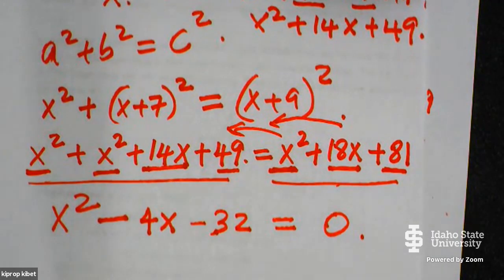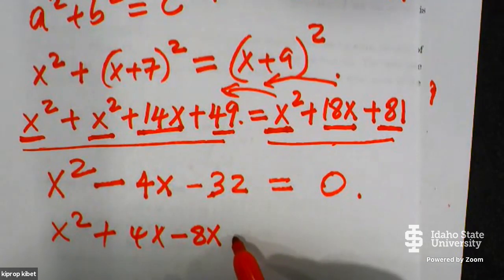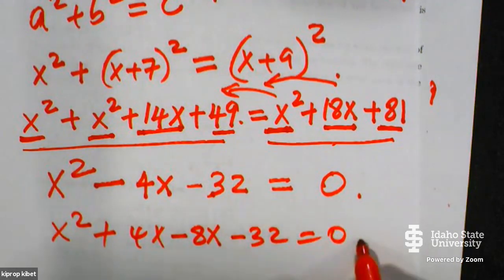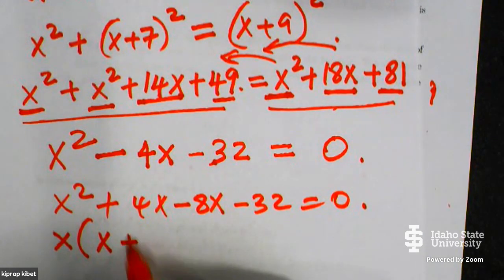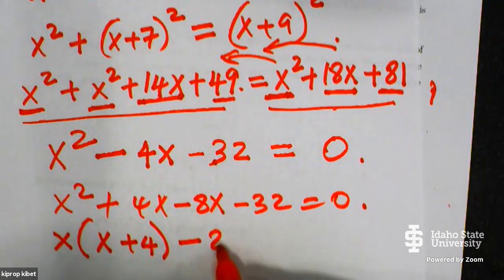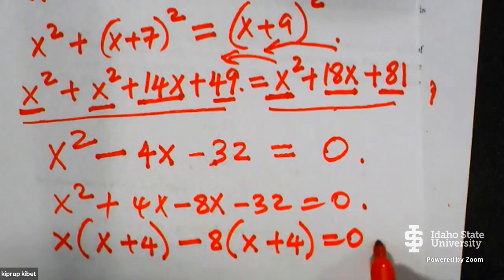4 and 8. Which one will be negative? 8. So we have x squared plus 4x minus 8x minus 32 equals 0. So we factor out x, so x(x plus 4) minus 8(x plus 4) equals 0.